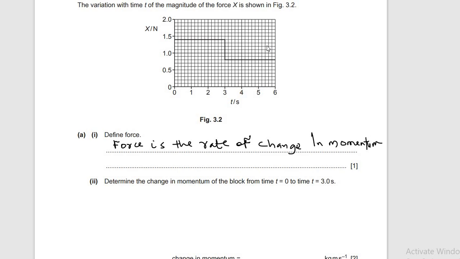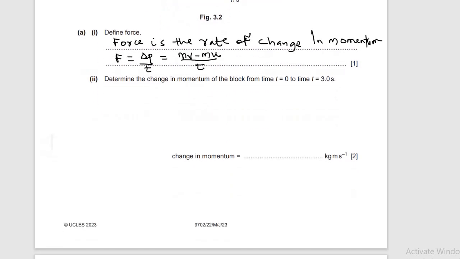That's the best way to define force. What I mean is this: force is the rate of change in momentum, that is (mv minus mu) over time. Rate of change. Next question.